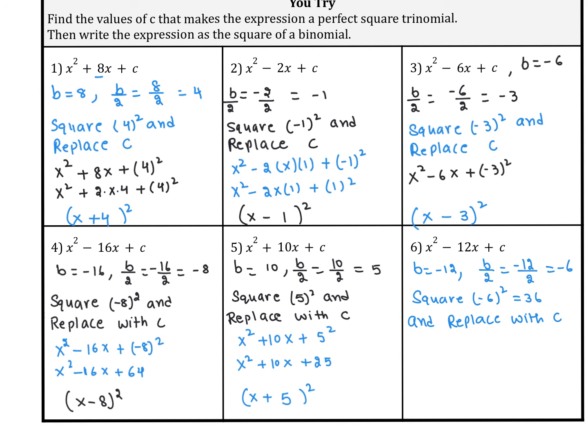So the new expression is x squared minus 12x plus 36, and the square is x minus 6 squared. The square root of x squared comes here, the square root of 36 comes here, and the sign is the negative sign of the middle term.